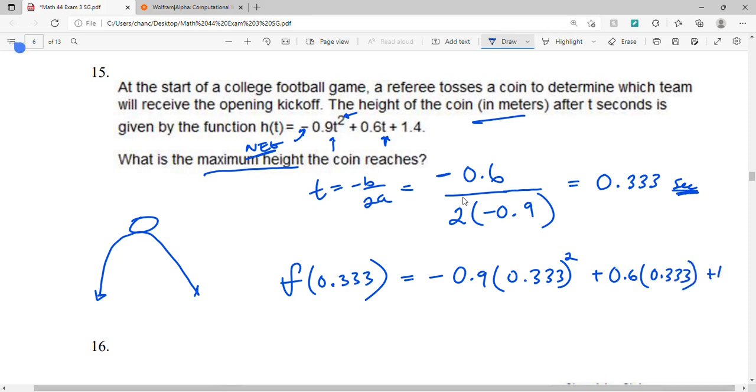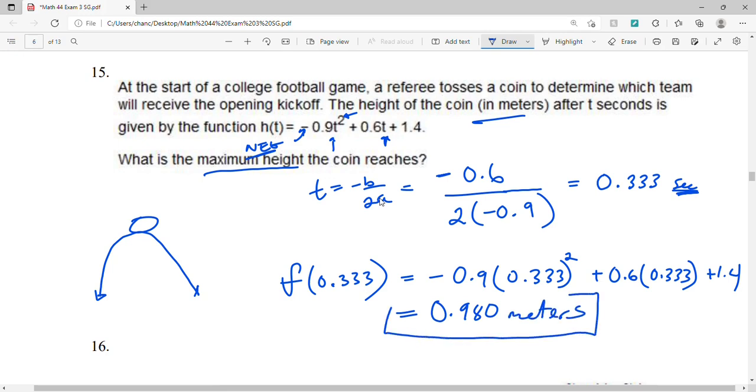And we'll add 1.4 to that. So we can simplify this with a calculator. This simplifies to 0.980, and our final units is in meters. Don't forget the meters. That coin reaches a maximum height of 0.980 meters.